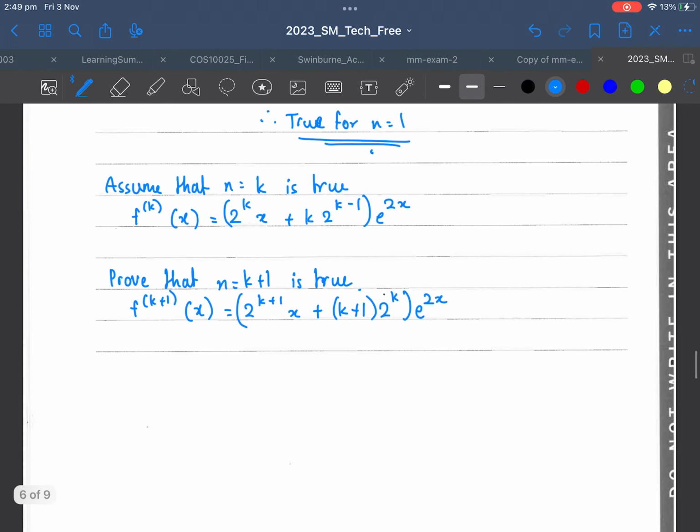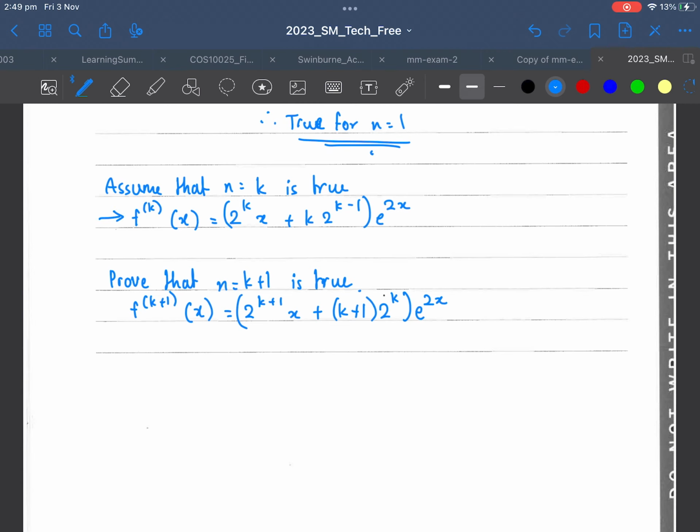So this is differentiated by using the formula. Now I'm going to differentiate this again, because theoretically, if this was true, if I differentiated this one more time, I should be able to get this.